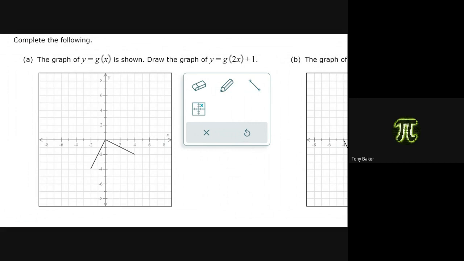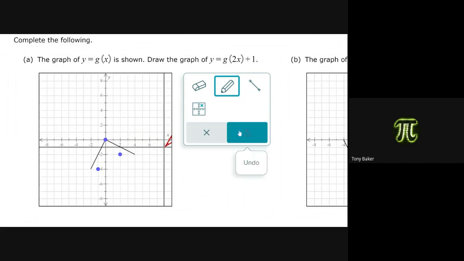So this one's only got a 2x inside, so that works out nice. So the 2x, I'm going to do what to my x's? I'm dividing my x by 2. So that -2 is going to become a -1, right? So I'm going to put the point there. We're going to erase it in a minute. The 0, and then that 4 becomes a 2. Okay. So that's that one, right?